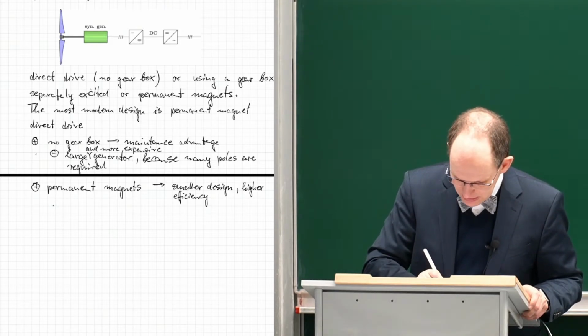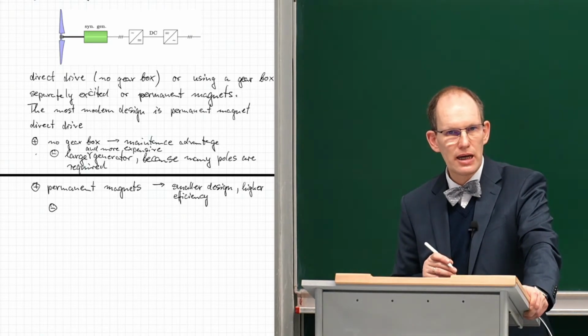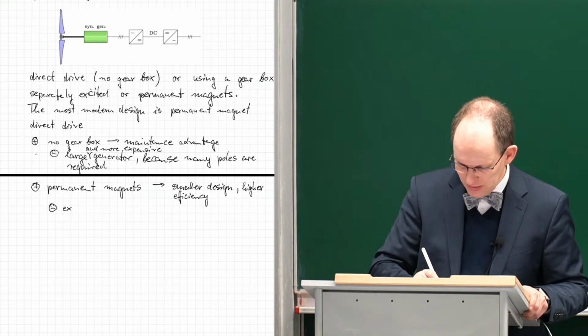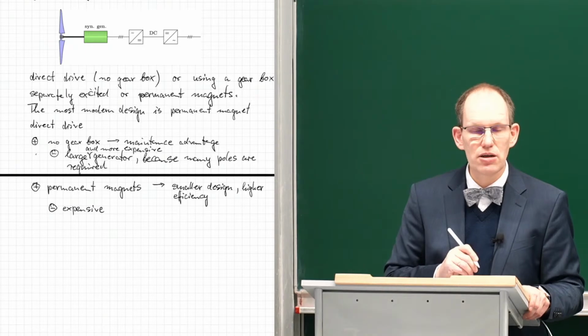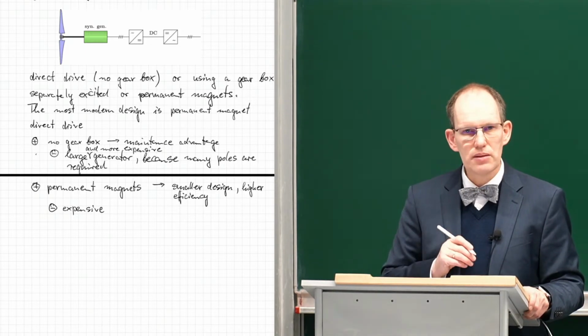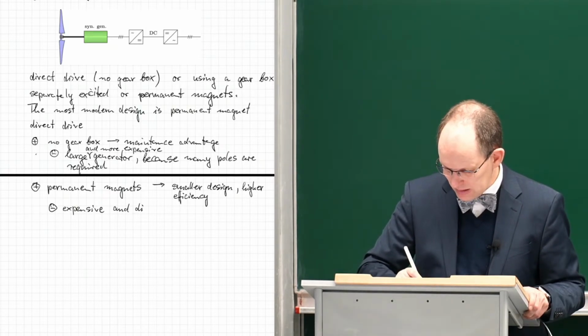What's the disadvantage? Well, in order to have a strong magnet, you need rare earth elements. So expensive and sometimes unreliable sources on the market. So expensive and difficult market.